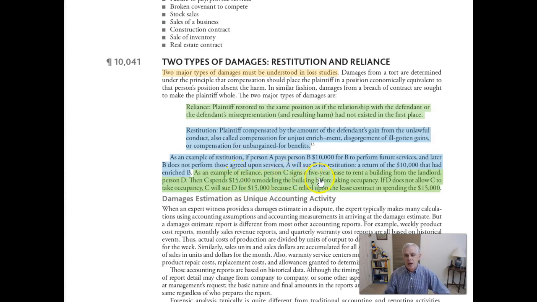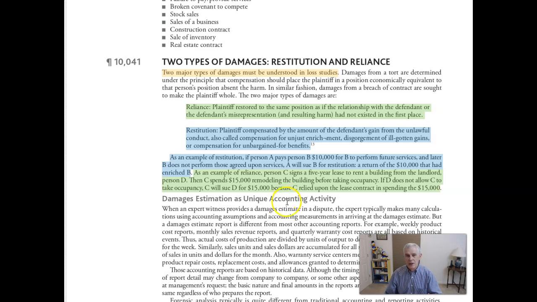Now for reliance, let's look at this example. Person C signs a 5-year contract to rent a building from the landlord, person D. Then C spends $15,000 remodeling the building before taking occupancy. Now, if D, the landlord, does not allow C to take occupancy, C will sue D for $15,000 because C relied upon the lease contract in spending the $15,000.